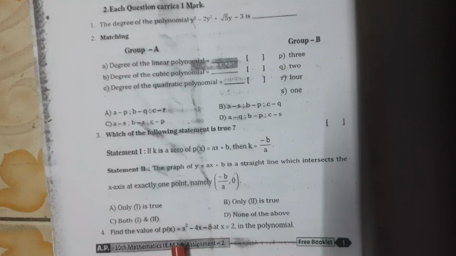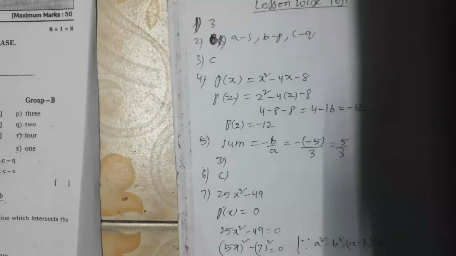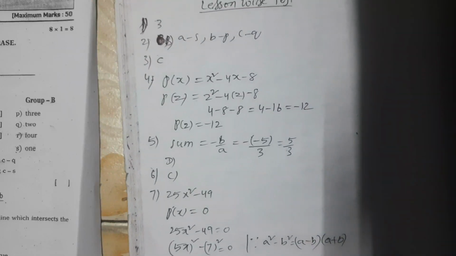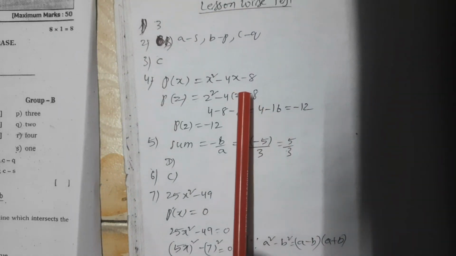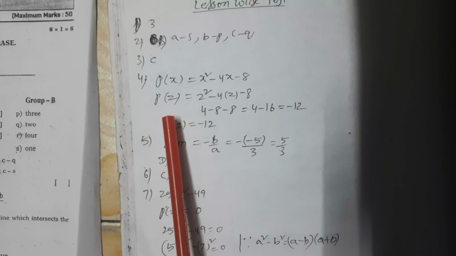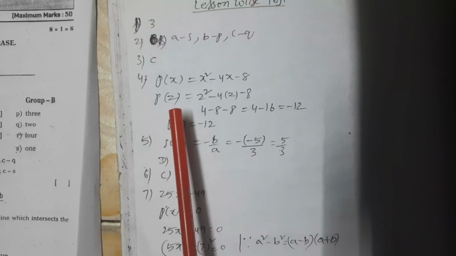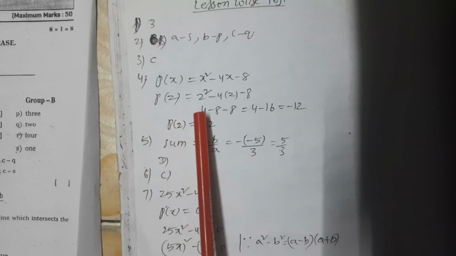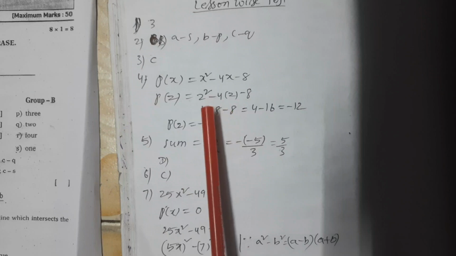Find the value of P of X is equal to x square minus 4x minus 8 at x is equal to 2 in the polynomial. See, this kind of sum. This is a sum oriented question. So I am going to show that. P of X is equal to x square minus 4x minus 8. At P of 2 they have given. That means you need to substitute 2 in the given x value.